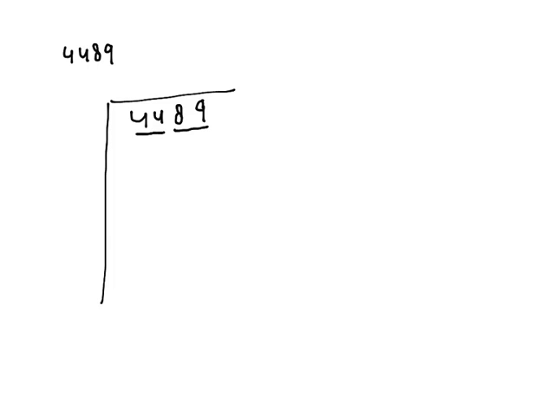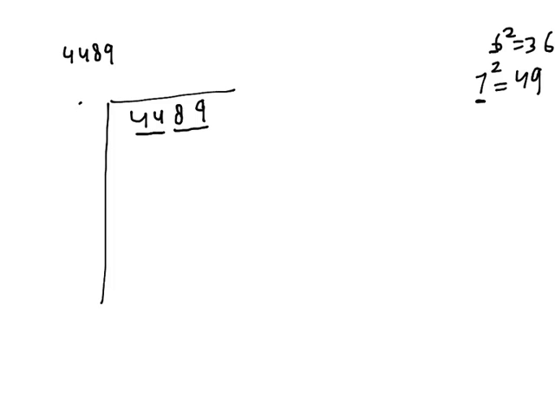We have to find a perfect square that is less than or equal to 44. Clearly 6 square is 36 and 7 square is 49. So we will go with 6, as 7 square is greater than 44.